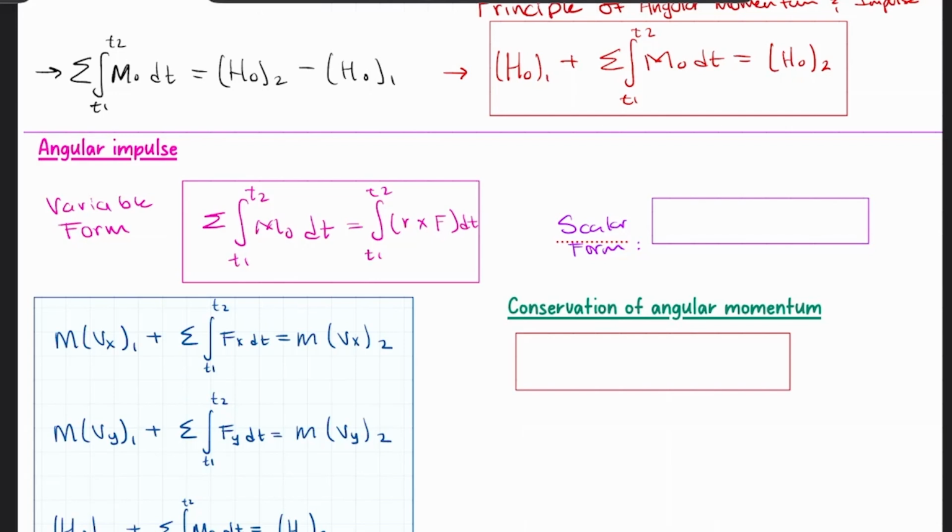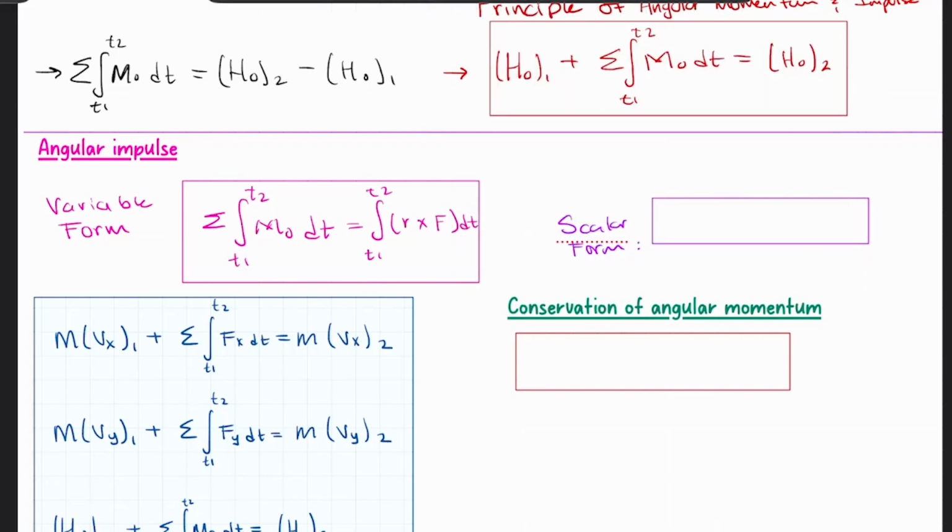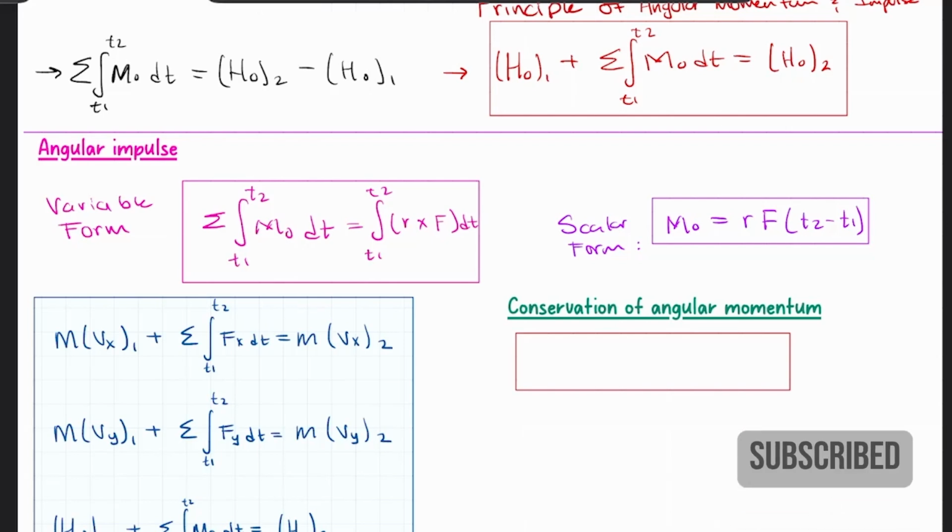You've probably seen this already in statics. And this is for moments that are variable. If we have the case where this is a scalar, then we can define the impulse as equal to some distance r times a force times a change in time. This is how we get not the moment itself, but the angular impulse.